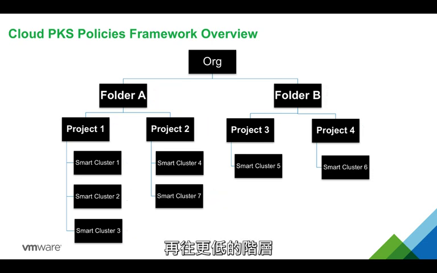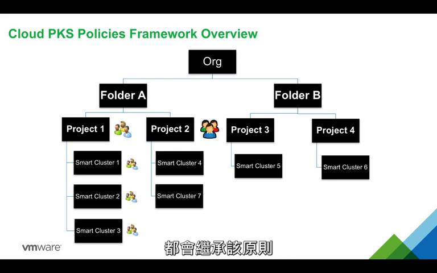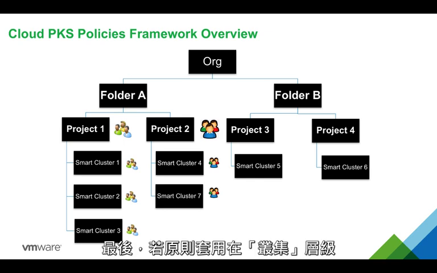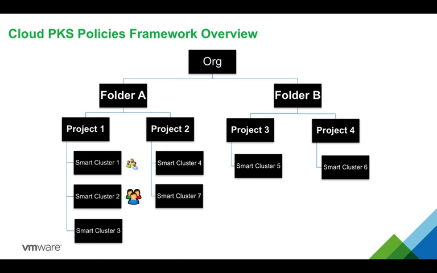Going a bit lower in the hierarchy, if a policy is applied at the project level, then all clusters belonging to the project will inherit the policy. And finally, policy applied at the cluster level applies only to the specific cluster.